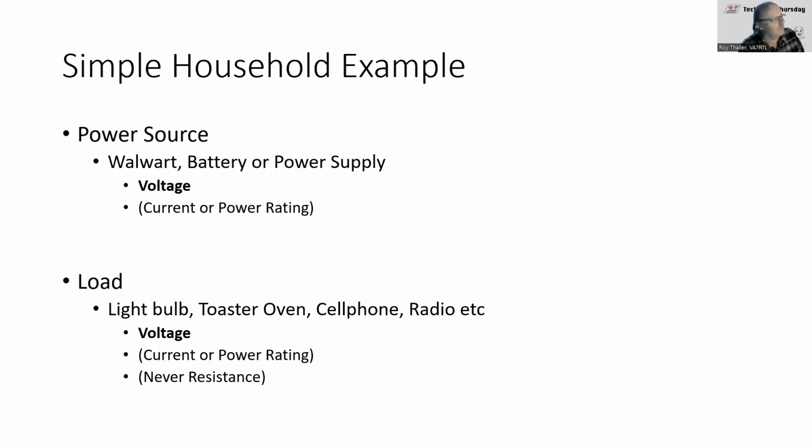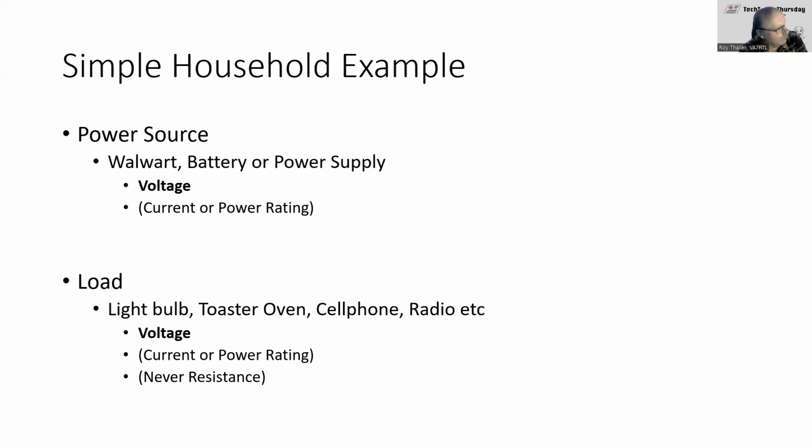So, some examples, if you look at it simply, you have a power source, which could be a wall wart or a battery or a power supply that supplies a voltage. And some people look at the current or the power rating of it, but normally we're concerned about the voltage.